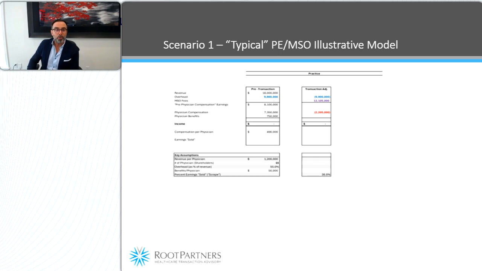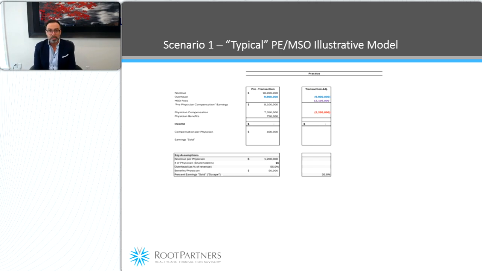That $9.9 million of overhead, you can see that I'm backing it out here. Doesn't mean it goes away. What we're going to see when we get to the MSO slides is that's going to show up over there as an expense. And what you see here is the other noteworthy component is the red adjustment, which I'm looking at historical compensation to the physicians of roughly $7.35 million.